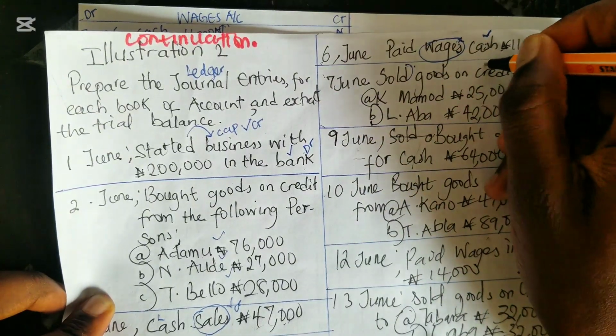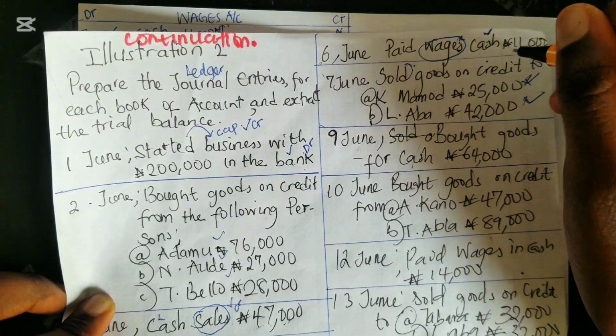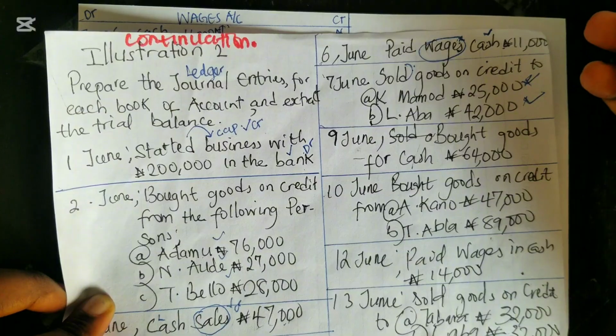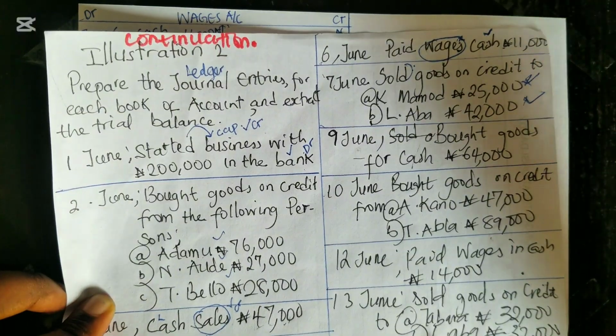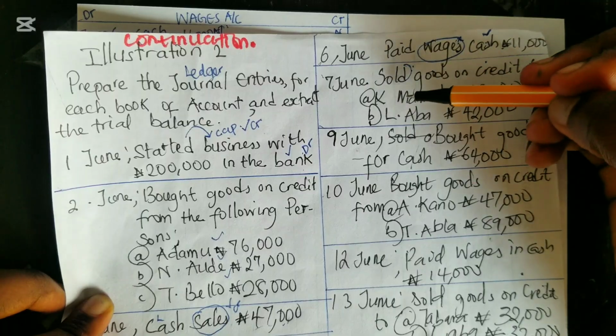But because it's on credit, before we actually move it to the sales account, you have to prepare the sales day book. So sales day book is just like purchases day book. It has the date, it has the particulars and it has the amount. So I'm going to do that now, and also we are going to prepare the K Mahmood and El Abbas account.